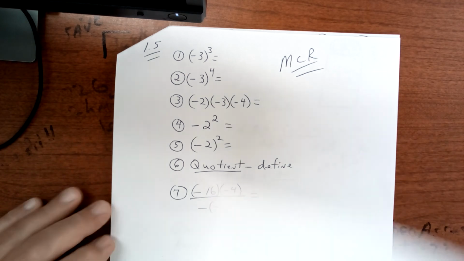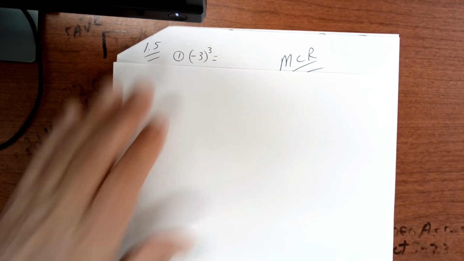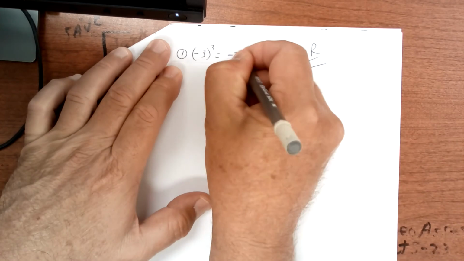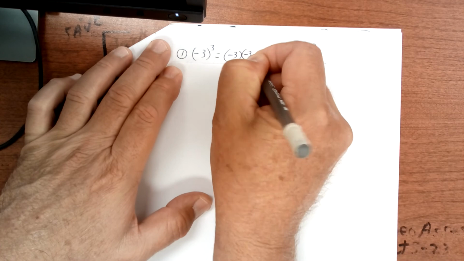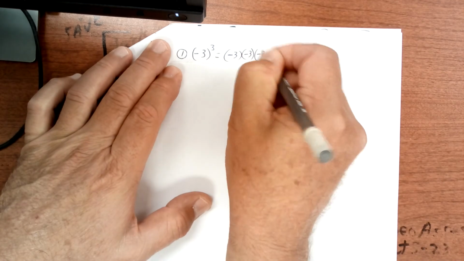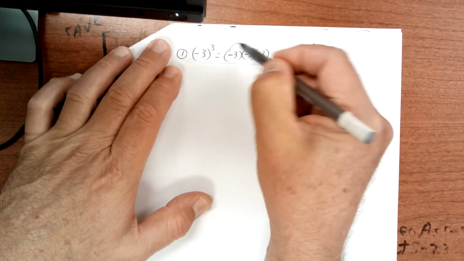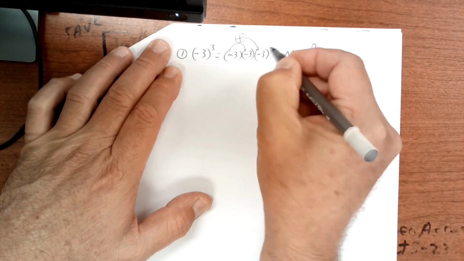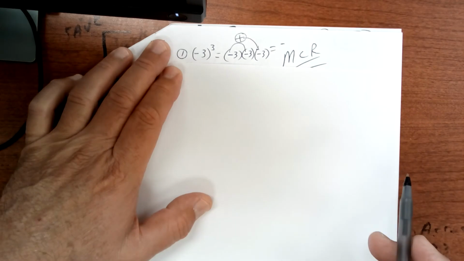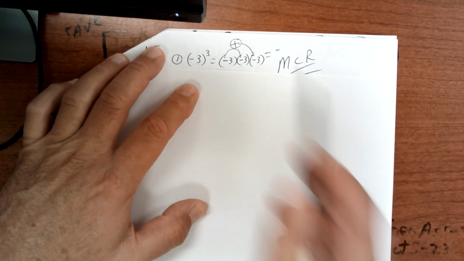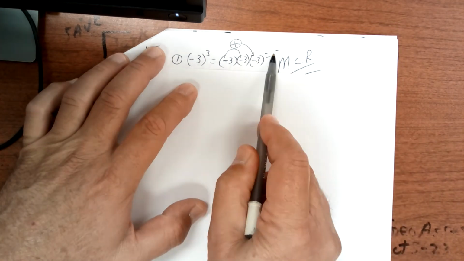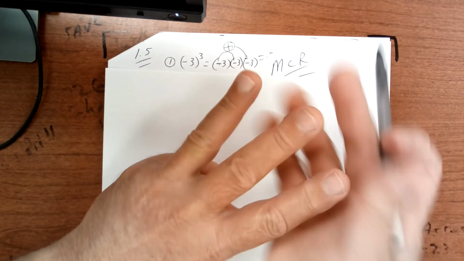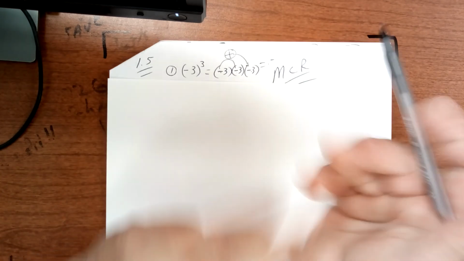In this one right here, you have -3 to the 3rd power. So that's -3 times -3 times -3. Now, a negative times a negative is a positive, and a positive times a negative is a negative. So I know my answer is a negative, plus I know that anyway, because if you have 3 negatives, you end up with 1 negative. And that's what I have here.